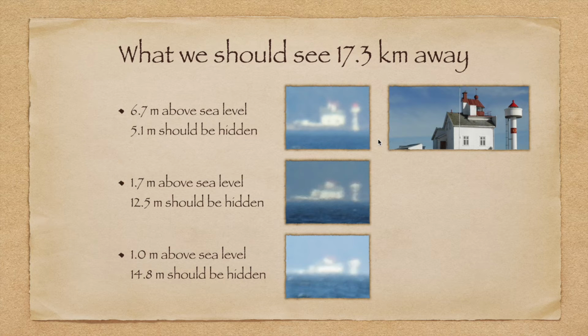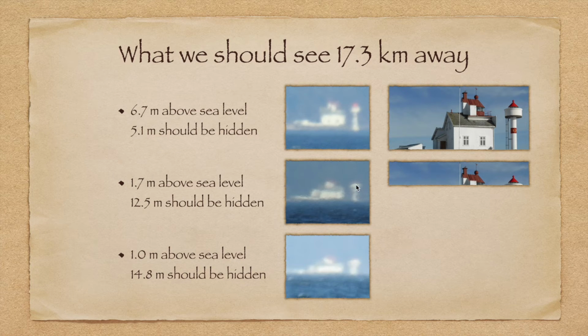To the left is what I actually observe, and to the right is what I should see. I should just see the very top of the lighthouse, almost none of the white, just a little red hat, and I should only see the chimney here and part of the top part of the house.